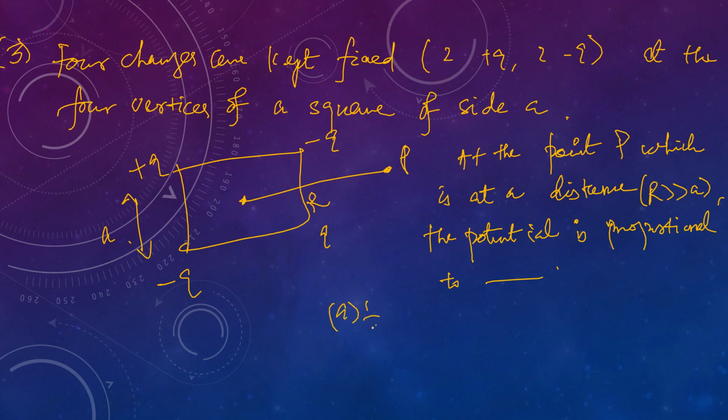Option A: 1 by r, 1 by r square, 1 by r cube, and 1 by r cube options.